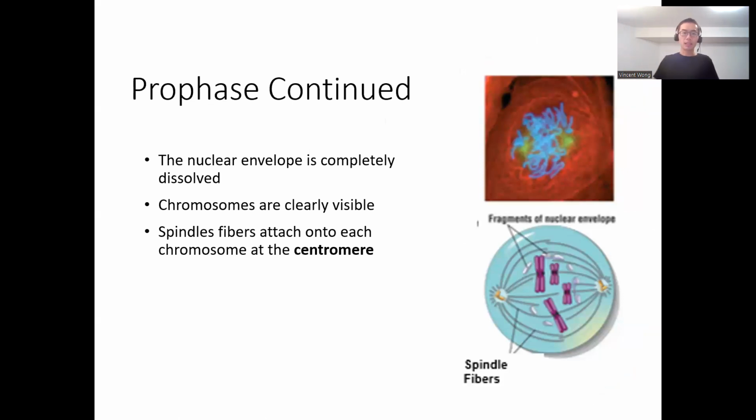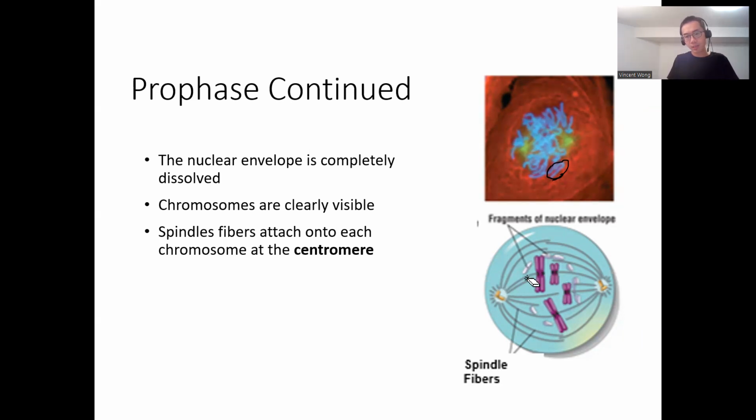As time goes on, the nuclear envelope will be completely dissolved, and the chromosomes are clearly visible now. You can make out the actual chromosome shape, and the spindle fibers that were produced by the centrioles will attach to the centromere of each chromosome pair.